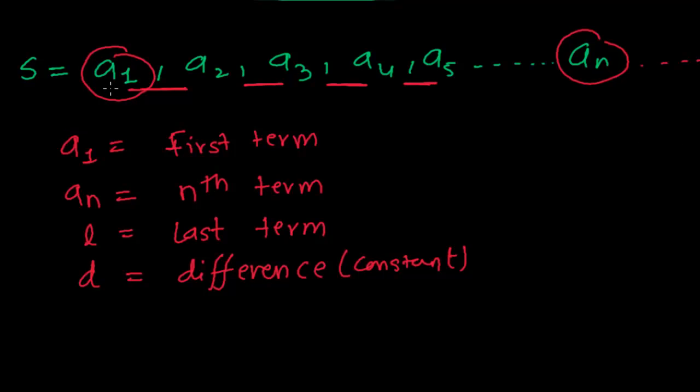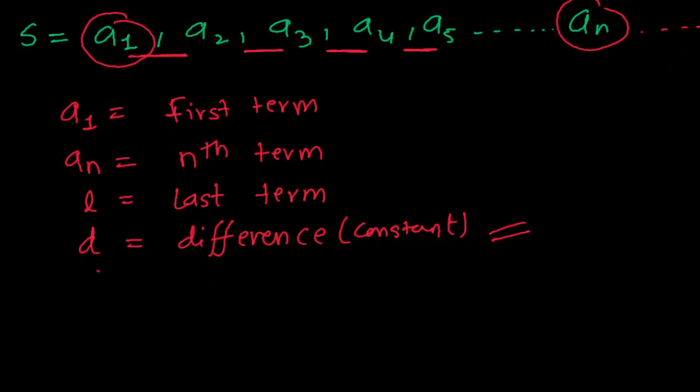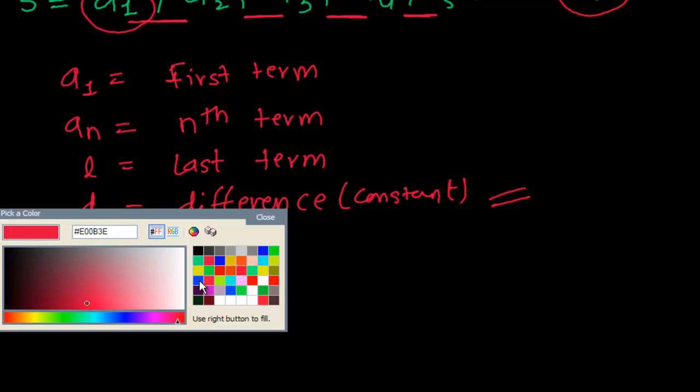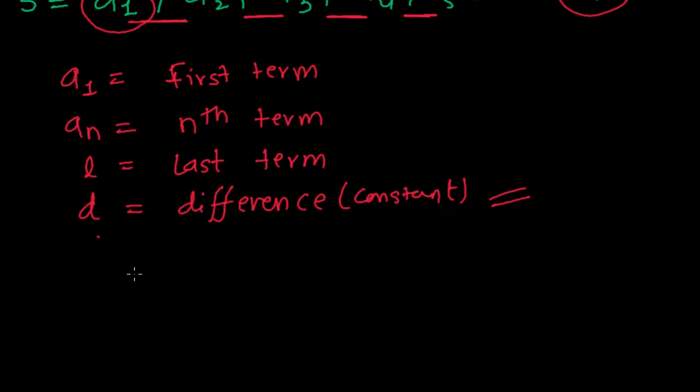We'll be doing more in the next video. So this much we have to know, but one more thing we should know is the formula for the difference. The formula for the difference is an minus a n minus 1.